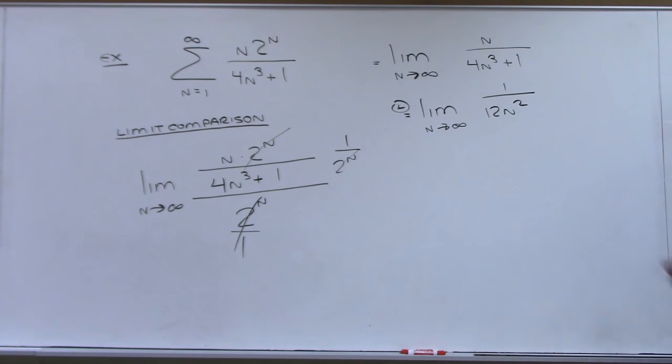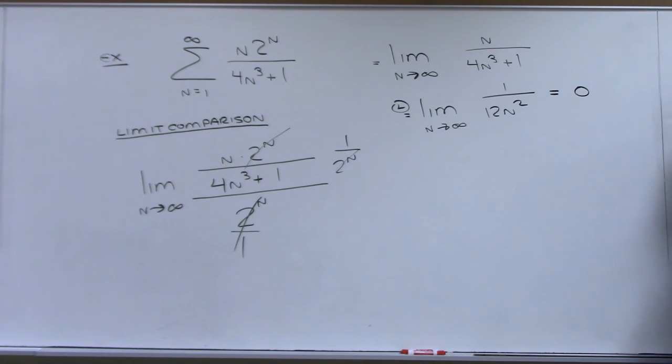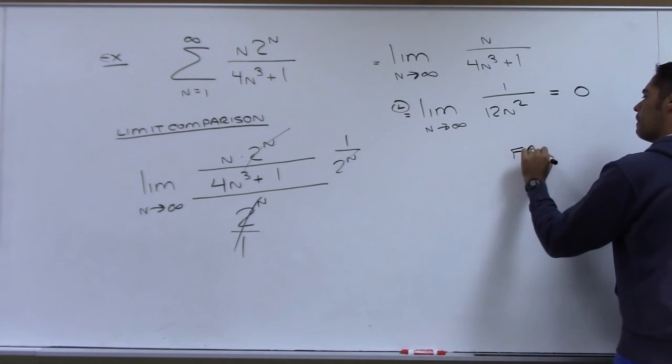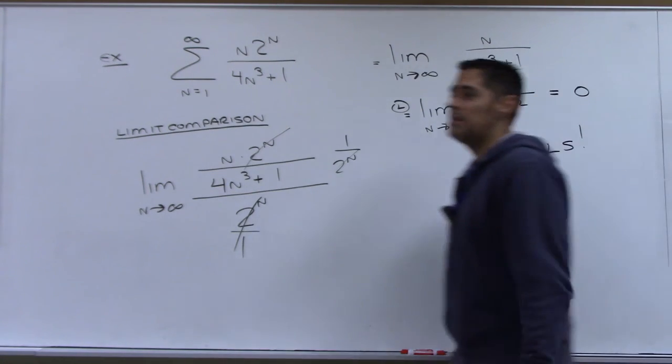And that turns out to be what? 0. Is that a positive constant? It's a constant, but is it positive? It's not positive, which means it failed. So 2 to the n did not work.